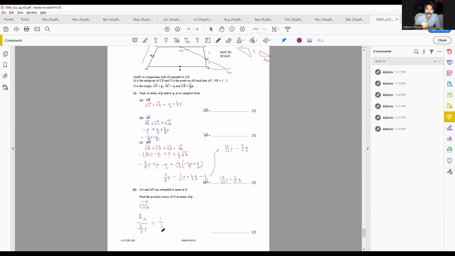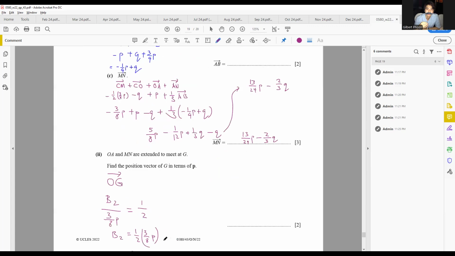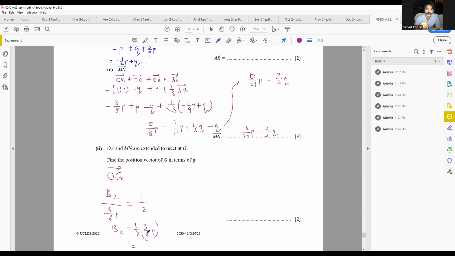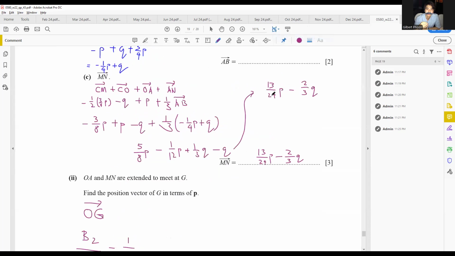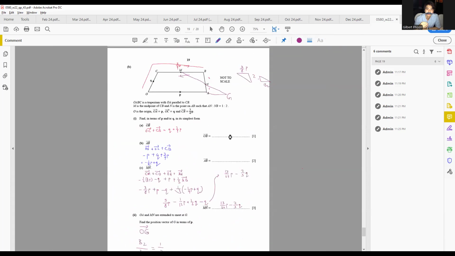Therefore, the base of the second one is actually 1 over 2 times 3 over 8P, which will give us 3 over 16P. In your diagram here, this part here is AG.